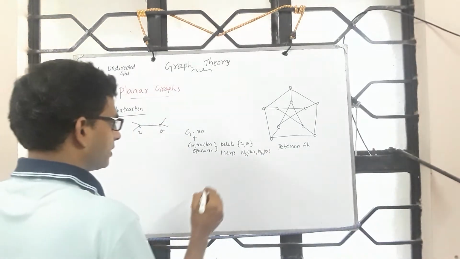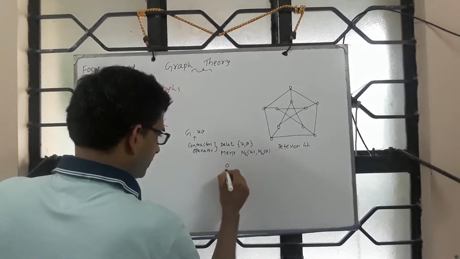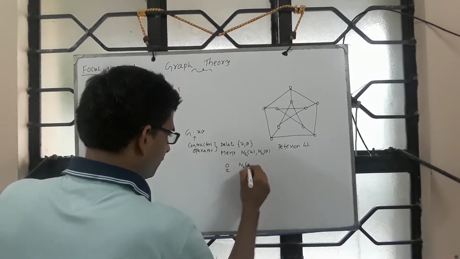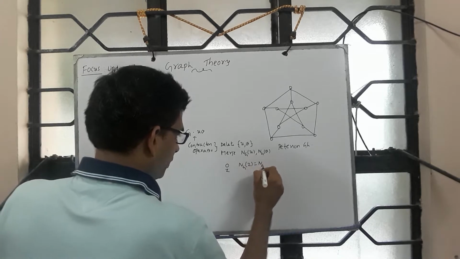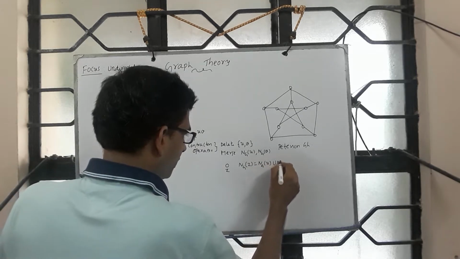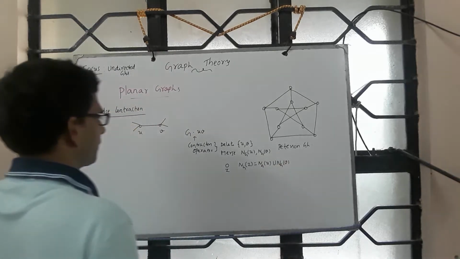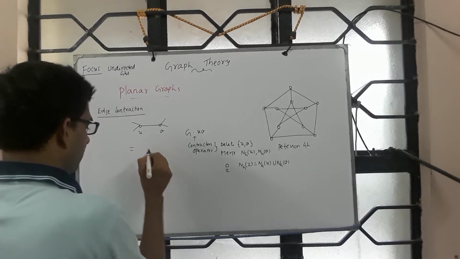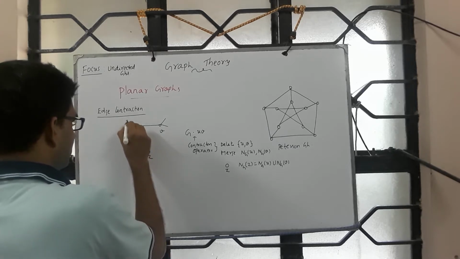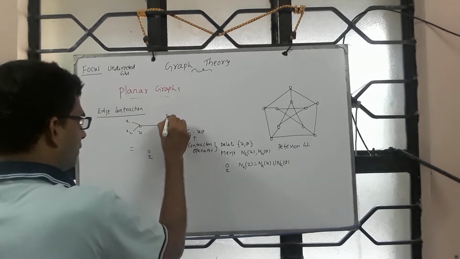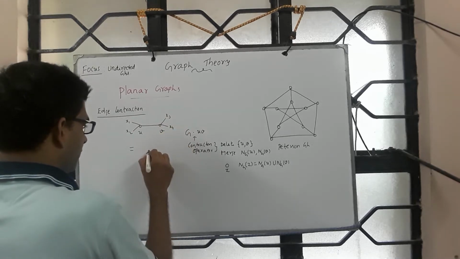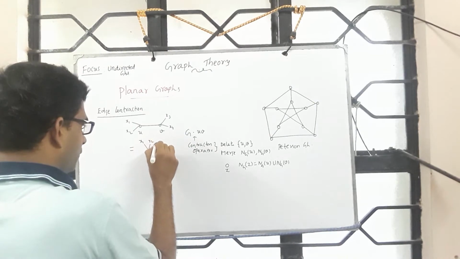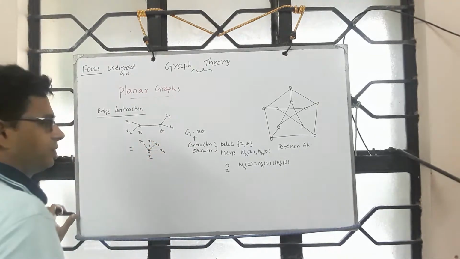So which means we create a new vertex Z such that neighborhood of Z is neighborhood of U union neighborhood of V. So on contraction this will become Z, and if this is x1, x2, x3, x4, then Z will be adjacent to x1, x2, x3, x4. It's only union.